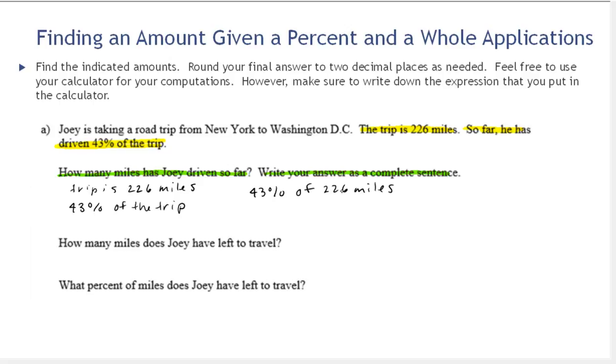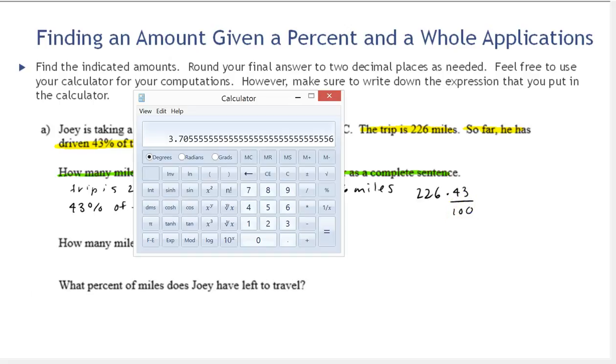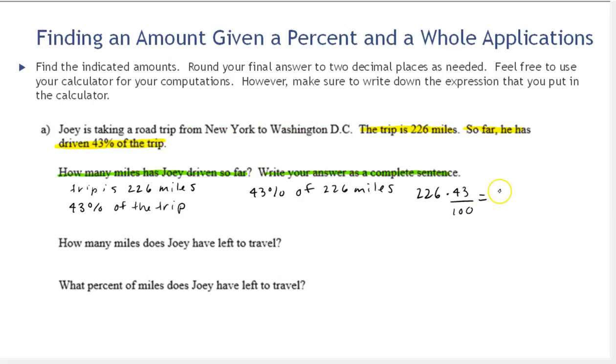So it's nice to get an approximation before you start. So take the whole, 226, multiply by 43 over 100 for 43%. Now 226 times 43 divided by 100, and we get 97.18 miles exactly, so I'll write equals 97.18.